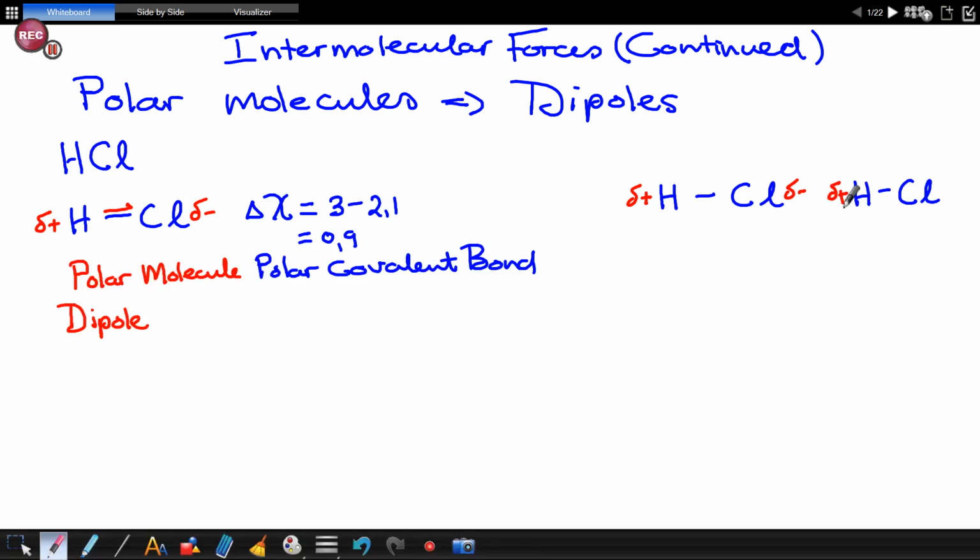So between the positively polarized hydrogen of one molecule and the negatively polarized chlorine of another molecule, you have dipole forces. That's your intermolecular force. So in other words, the intermolecular force is dipole. Yes.